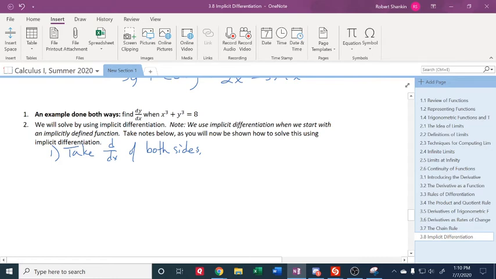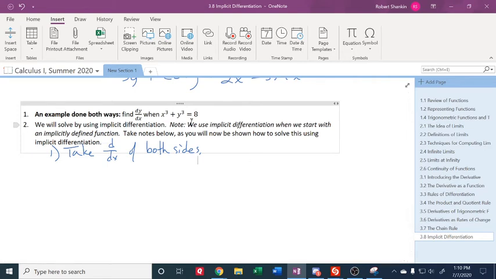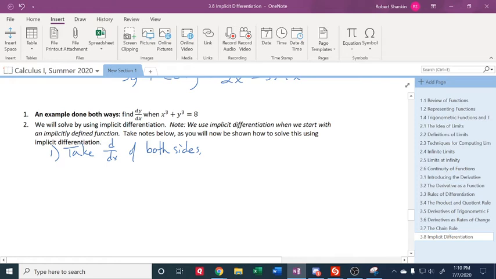This is the principle that in an equation you can do almost anything you want to one side as long as you do exactly the same thing to the other side, because that's what it means for them to be equal. As long as you do the exact same thing to the other side, you're okay.